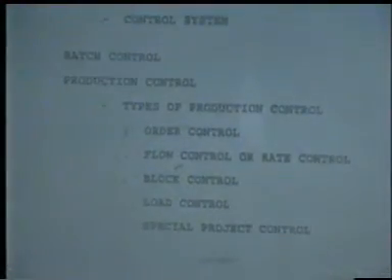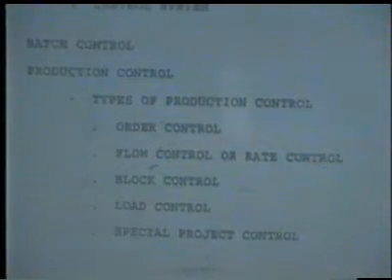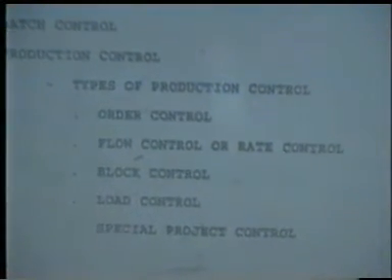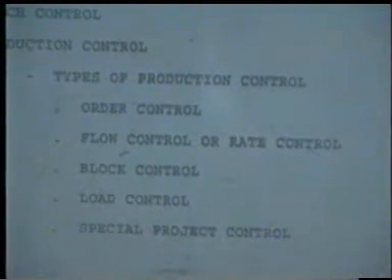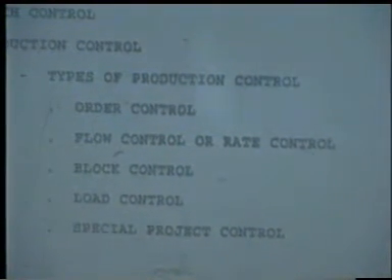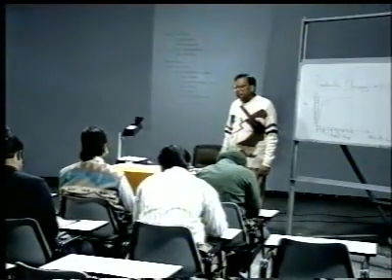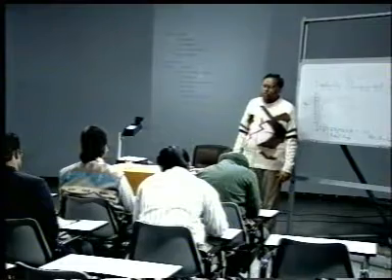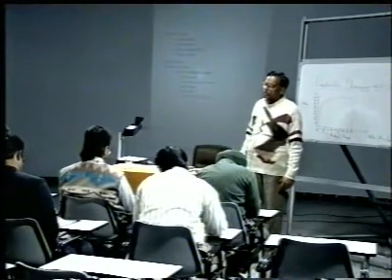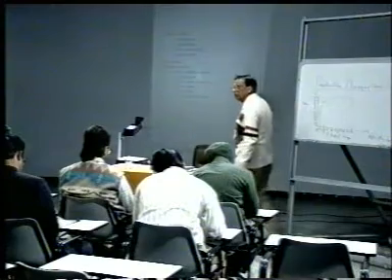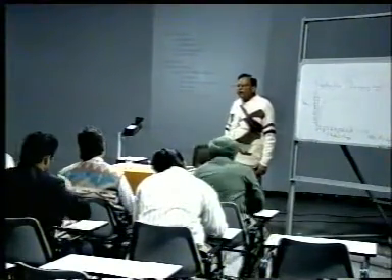In order control, we are receiving an order from a customer for a certain quantity of items, and for that quantity, we place the order in the production shop, and the production shop will produce those many items after receiving the order. So, here it is a kind of batch production.